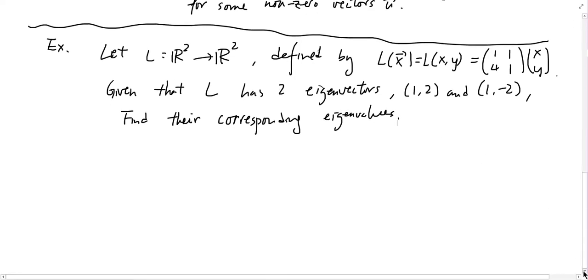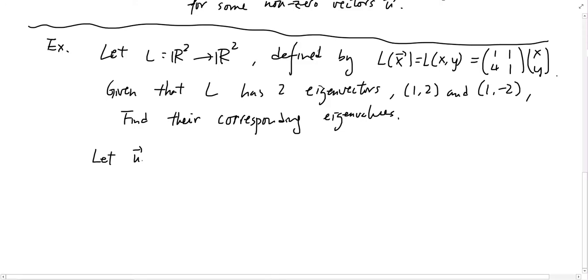Well, let's try to figure it out. We normally like to use the vector u to indicate eigenvector and lambda to indicate eigenvalue. So you'll see me use that a lot.